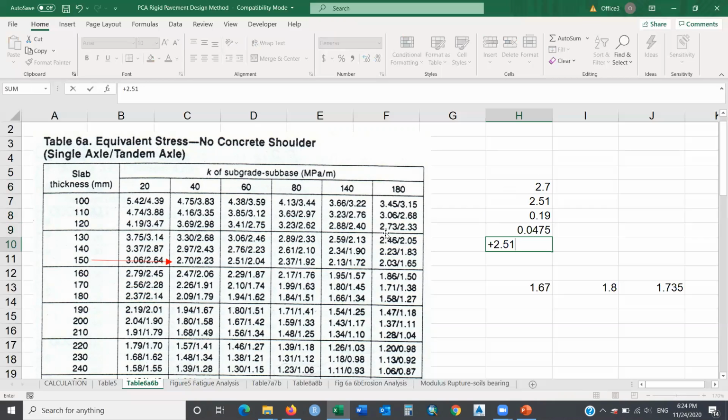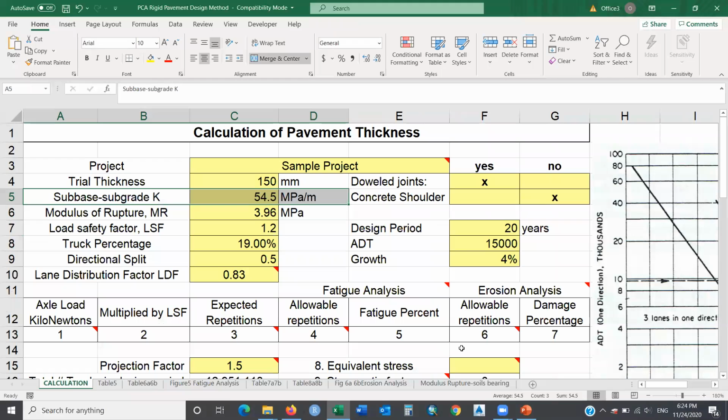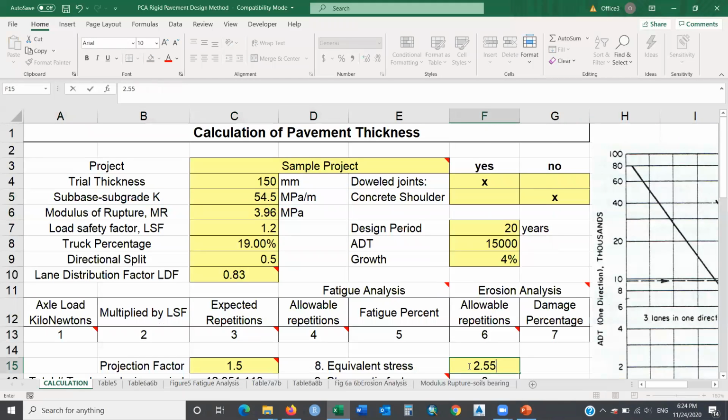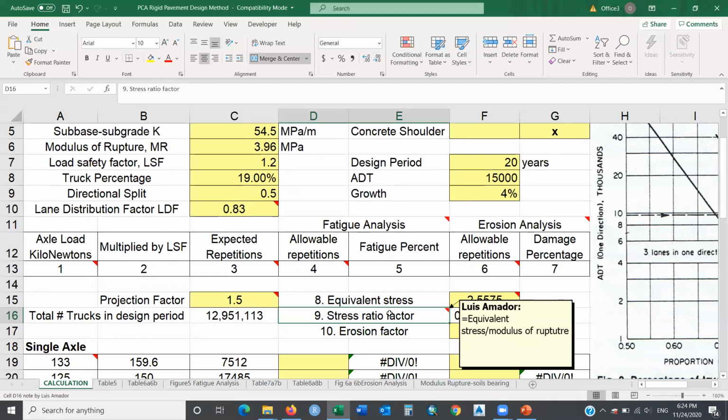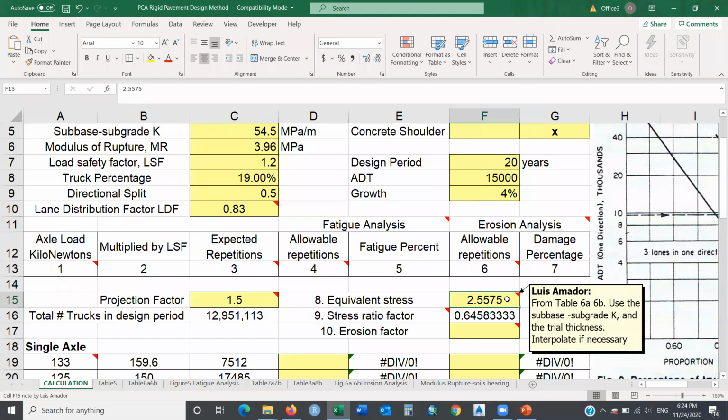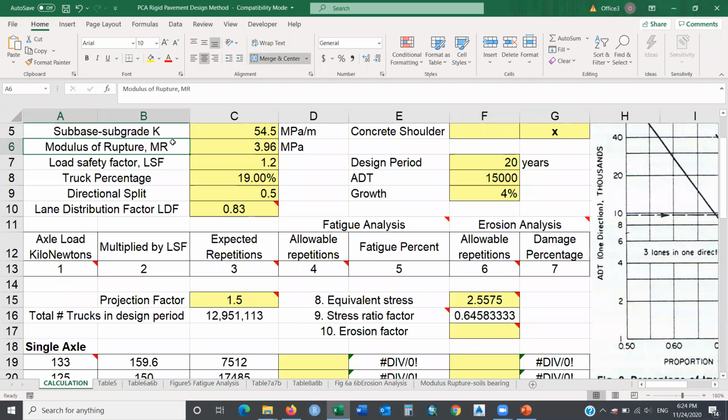So I'm just doing interpolation. It's 255.75. The stress ratio is simply the 255.75 divided by the modulus of rupture of 396.